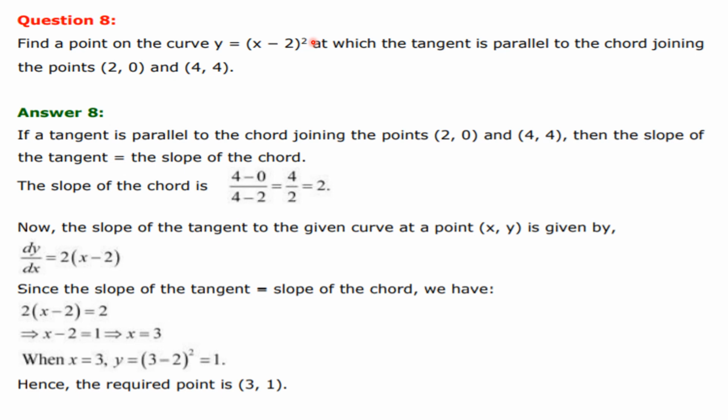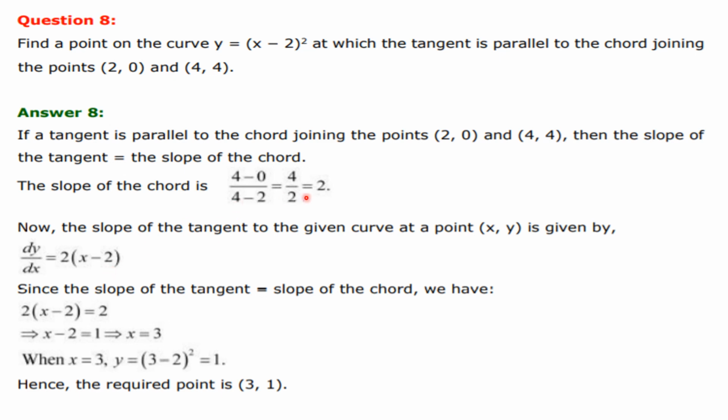What is the formula for d by dx of x power n? n into x power n minus 1. So 2 into (x minus 2) into the derivative of this function, 1 only. So we get dy by dx is equal to 2 times (x minus 2). Understood this step, my children? Here we used the formula d by dx of x power n and the chain rule. Okay, my children? Right. So we got the slope of the tangent.